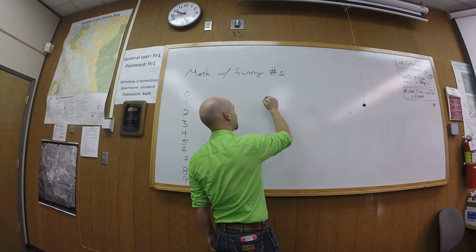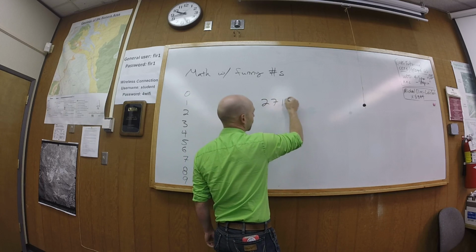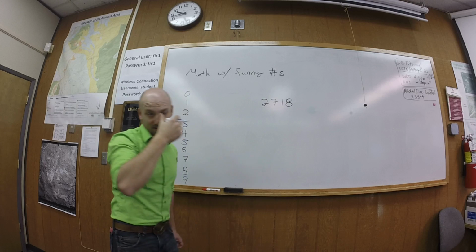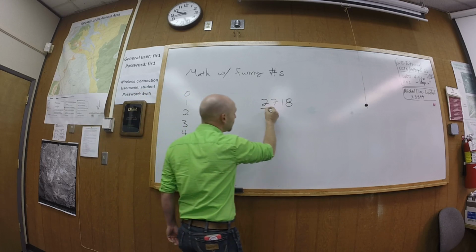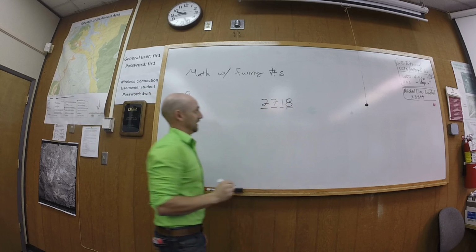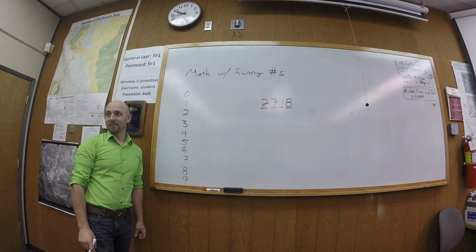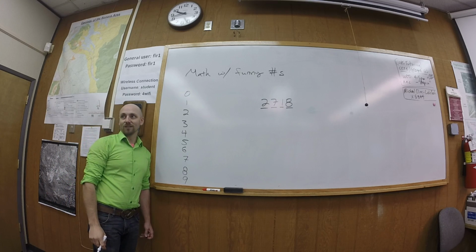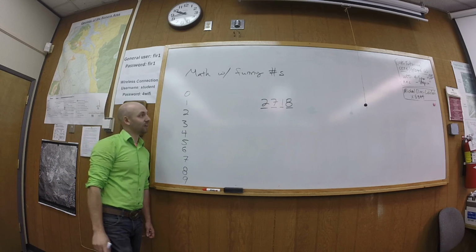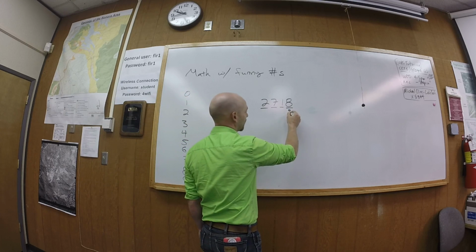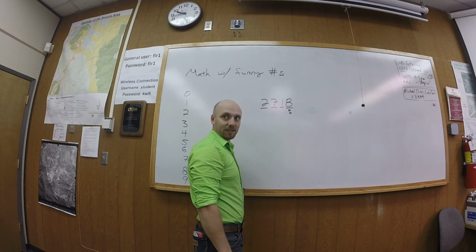When you have a number like, say, 2,718, right? What do these things mean? Multiples of 10. Yeah, those are counting a multiple of 10, right? So this first one, 8, is counting 10 to the 0.